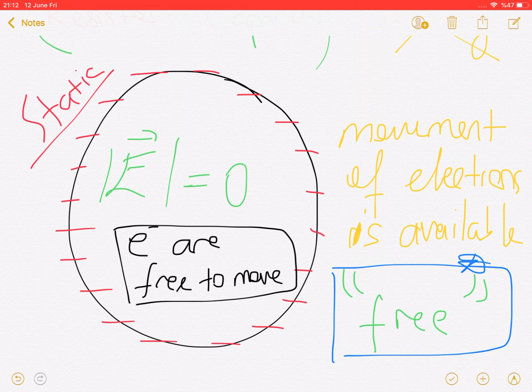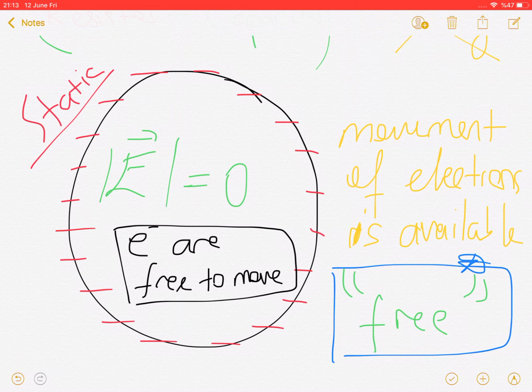They are free in the conductor, not in the world of course, but in the conductor they are free, and they go to the surface. So inside, the electric field is equal to 0. The main reason electrons go to the surface is to make the electric field inside 0.